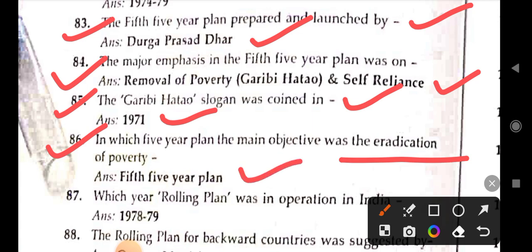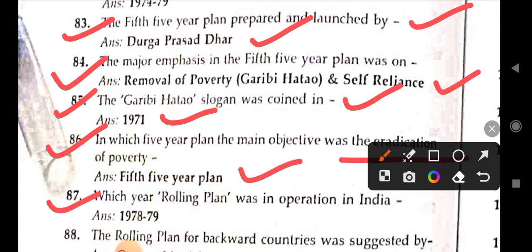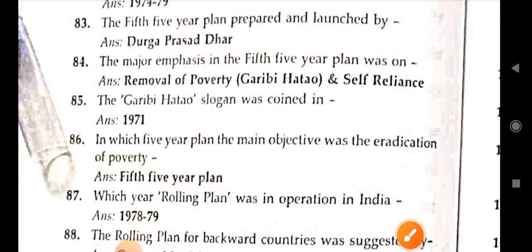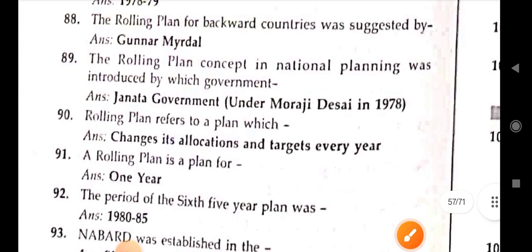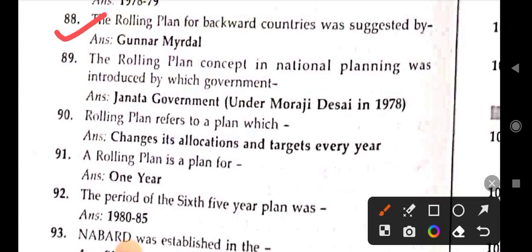Fifth five-year plan. Now, in which year was the rolling plan in operation in India? 1978 to 79. Next, the rolling plan for backward countries was suggested by Gunnar Myrdal.